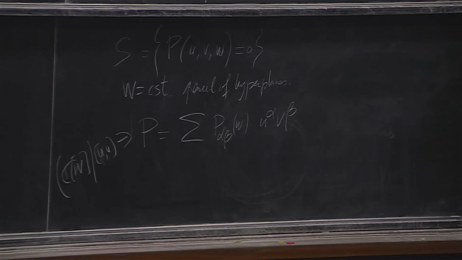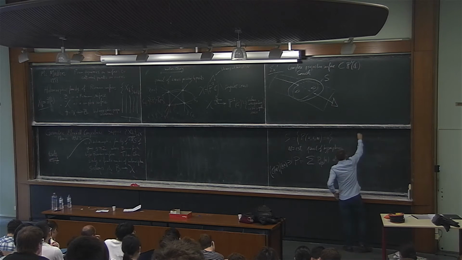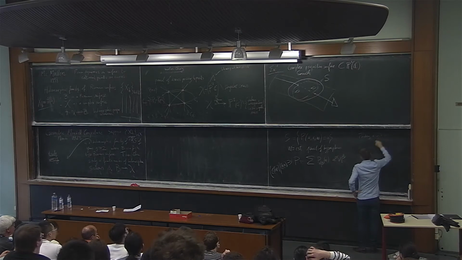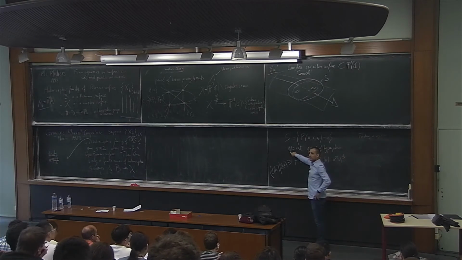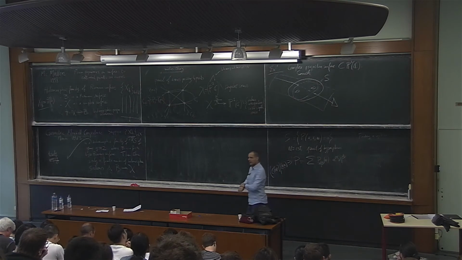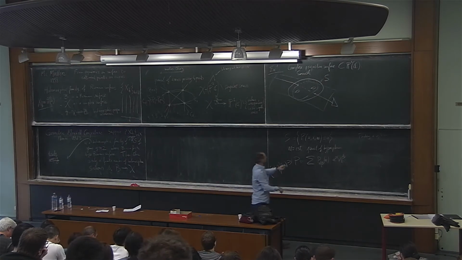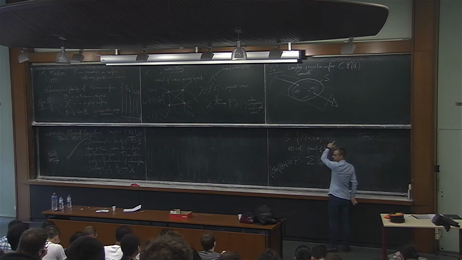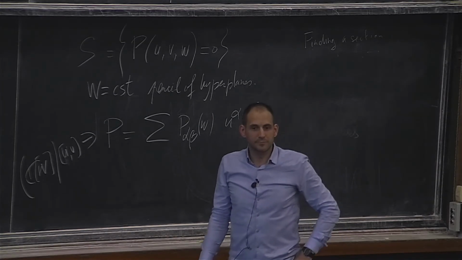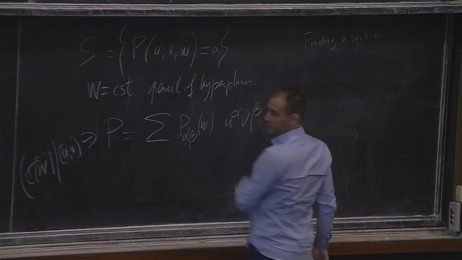Can you go over that again, please? Yeah. So finding a section. The base is W. So W gives you the function which defines the pencil of hyperplanes, right? And so finding a section means that to every W you want to find a point u of W, v of W lying on your curve, defined by P of U, V, W equal to 0.